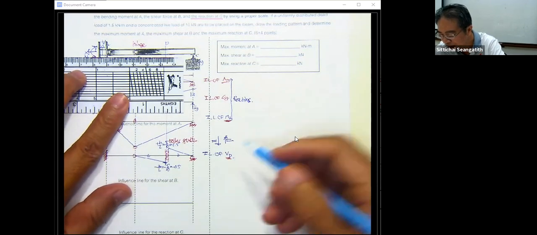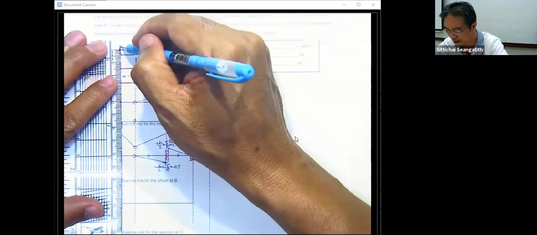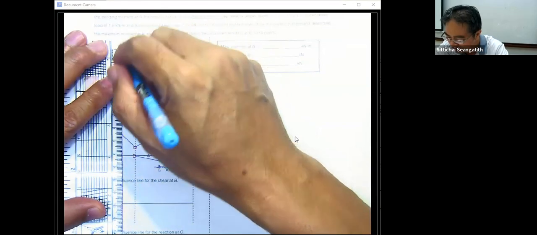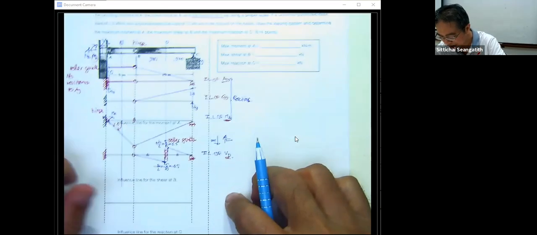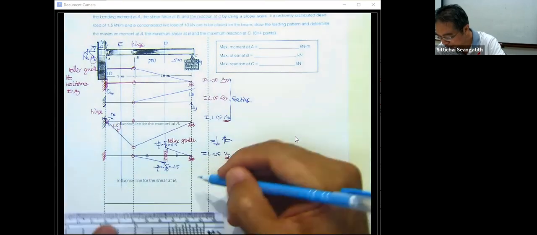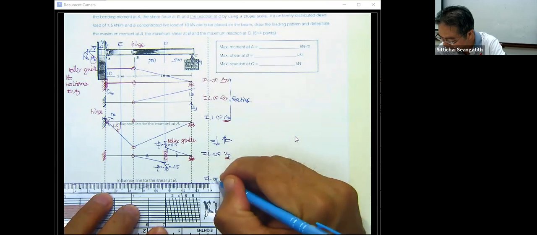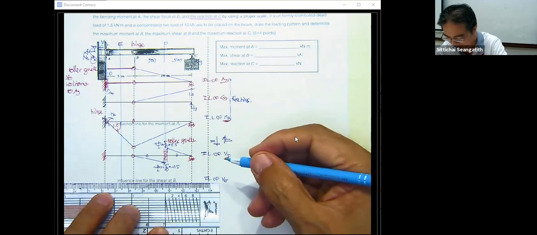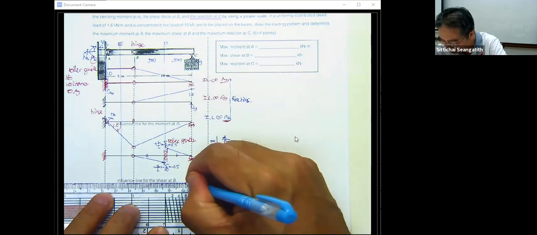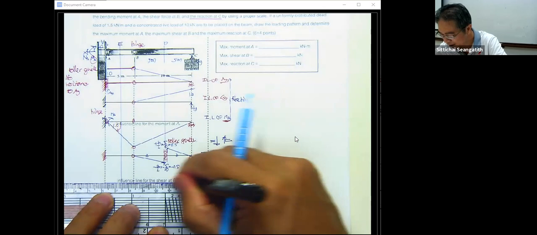Let me put this one in half and set this one to be the point E. Okay. And now let me put the shear at E, the influence line of V sub E. And let me put this one into this one. We don't have much area here.